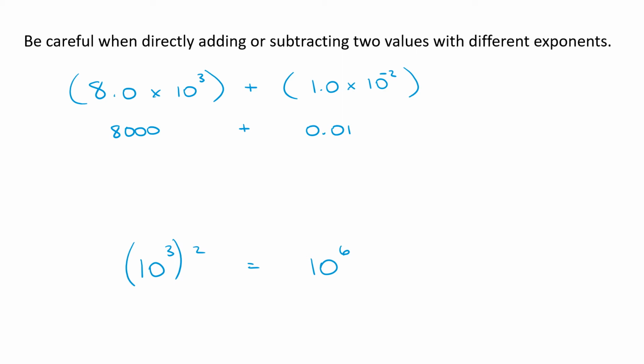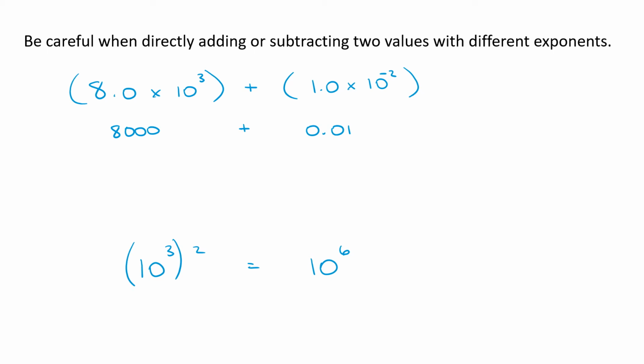If you're not paying attention, you could mistakenly say this is 9.0 to the 10th power. Or you're just sort of rushing through it. You're not paying attention to what's actually happening in here or what these values are. This value right here is 8,000.